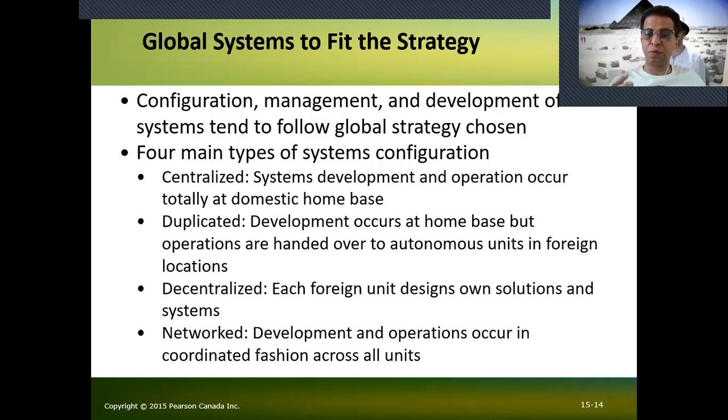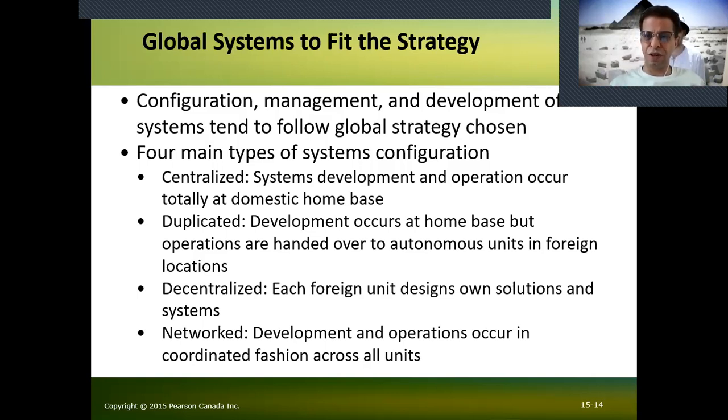The four main types of system configuration: you have the centralized, where system development and operation occur totally at the domestic home base, like the CRM of BMW. Then you have the duplicated, where development occurs at the home base, but operation is handed over to autonomous units in foreign locations.